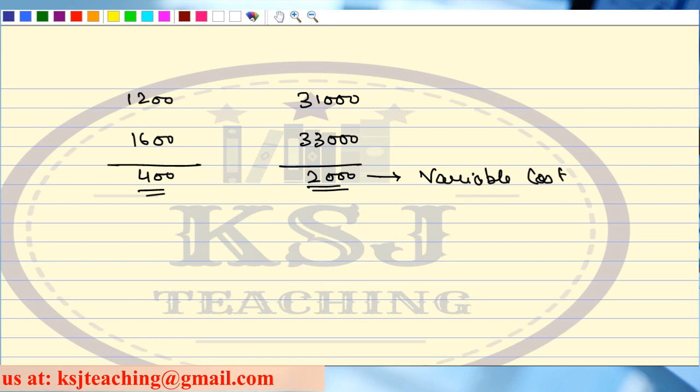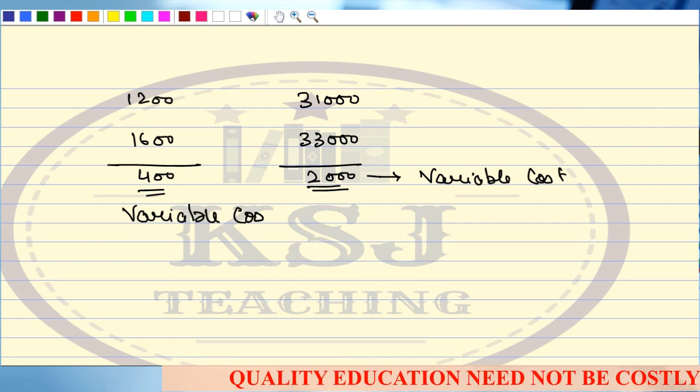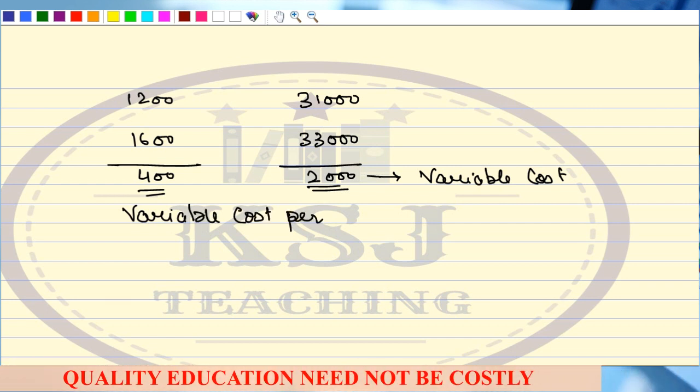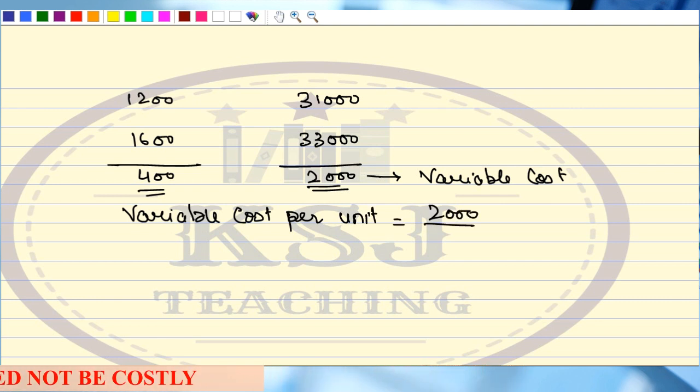So can you tell me the variable cost per unit here? Variable cost per unit is equal to 2000 divided by 400, that is rupees 5.